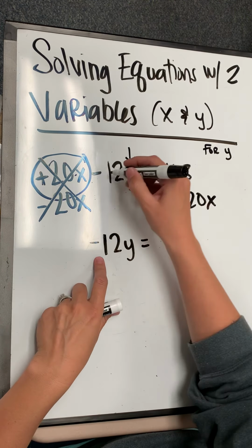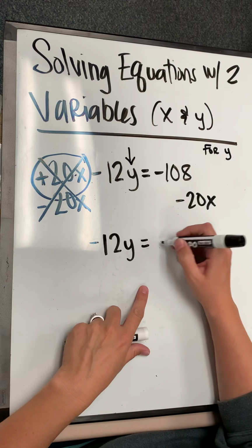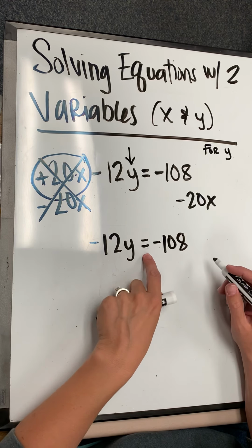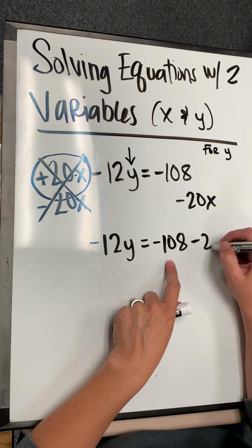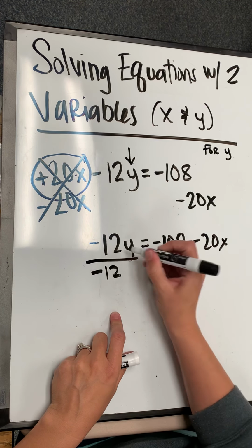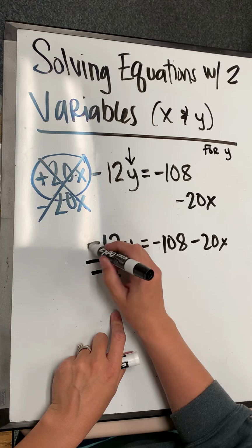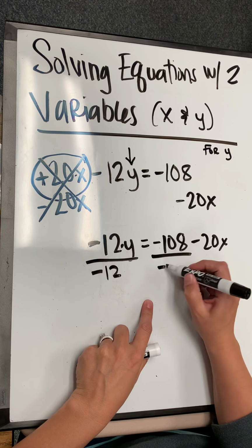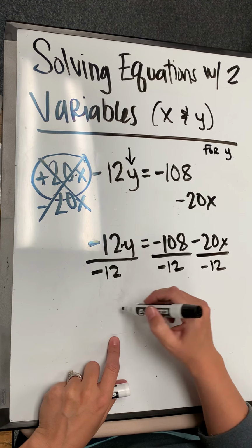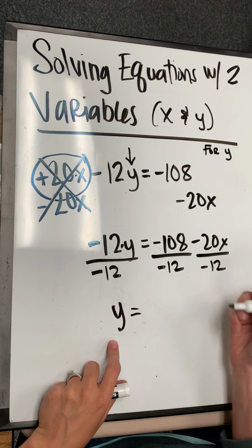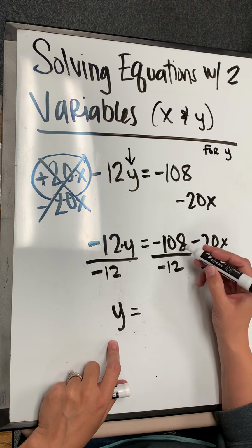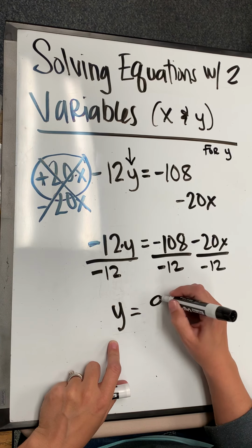I have still my negative 12y. Always remember to take that sign in front. Negative 12y is equal to negative 108 minus 20x. Now everything needs to be divided by negative 12. This is what I am doing the opposite of, not this. So divide by a negative 12, divide by a negative 12, we get y is equal to a negative divided by a negative will be a positive. 108 divided by 12 is going to be 9.